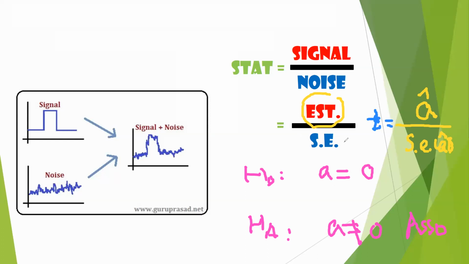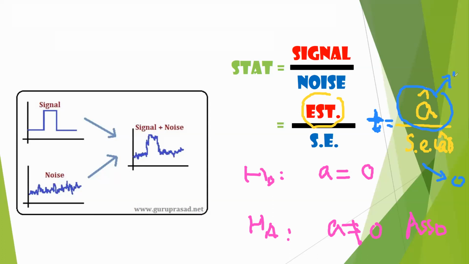Okay, now, if this ratio is very close to 0, so let me think. If this t-statistic is very close to 0, which means this thing is very close to 0.